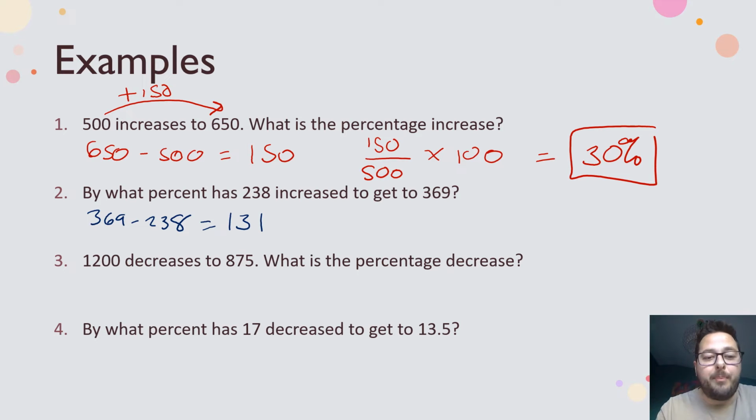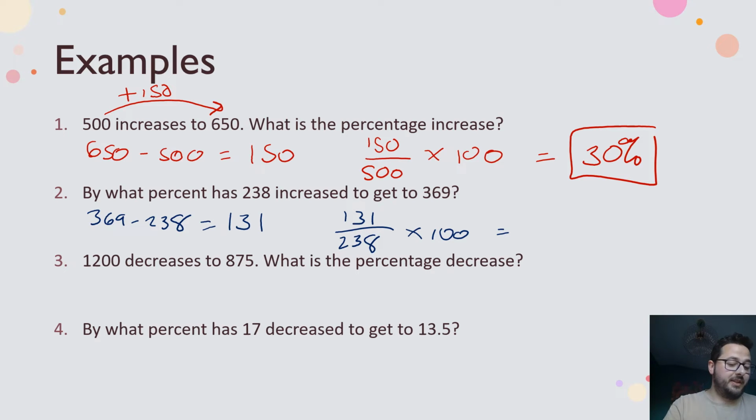Then our percentage is going to be 131 over the original amount, which is 238, times 100. That gives us a bit of a messy one, but let's do it to 2 decimal places: 55.04%.